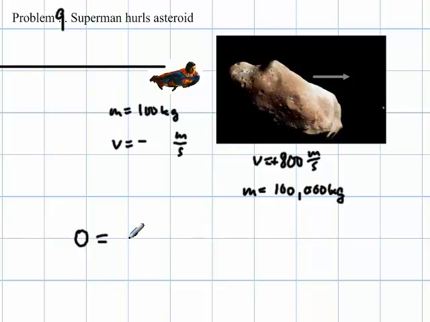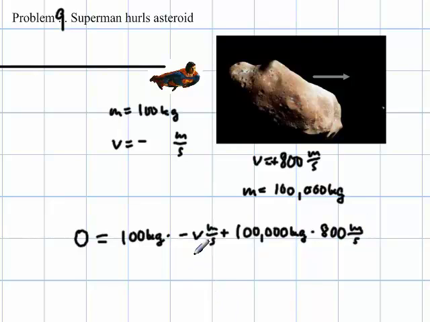So the momentum for Superman is 100 kilograms times whatever velocity he has, plus the mass of the asteroid, 100,000, times the velocity, 800 meters per second.